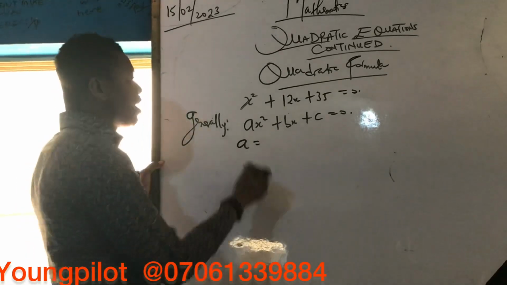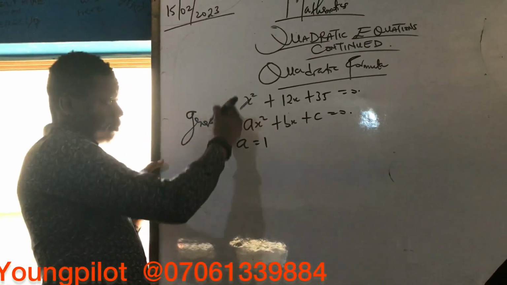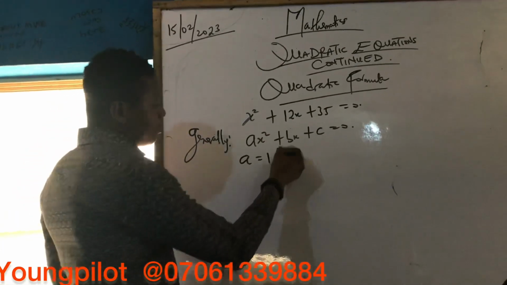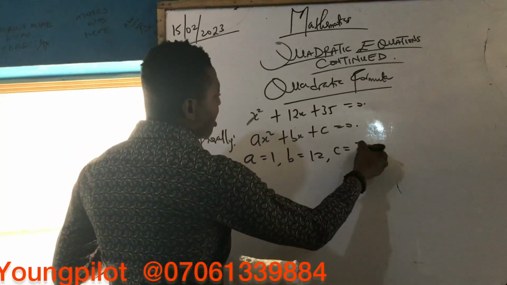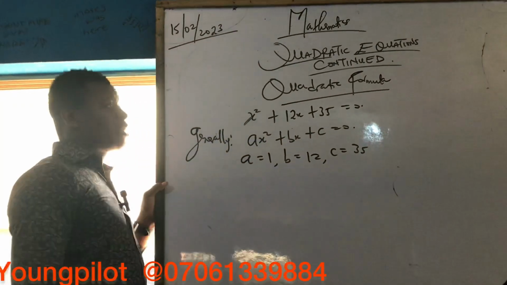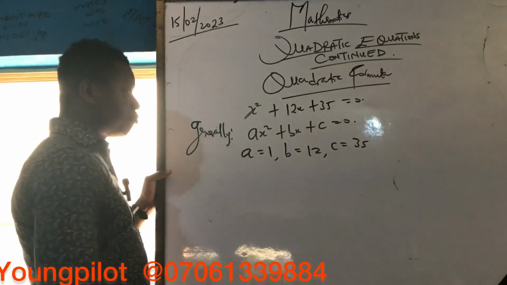So from what you can see, our a is what? 1. Hope you are following. Our b is what? 12. And the constant is 35. Please also be watchful of the signs. Some questions you can have a negative number.